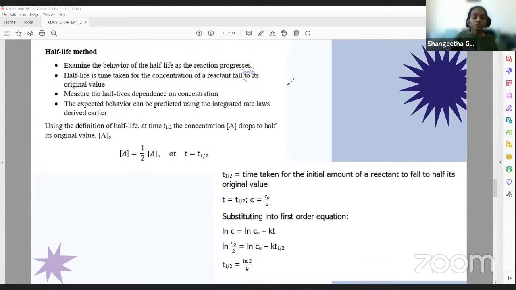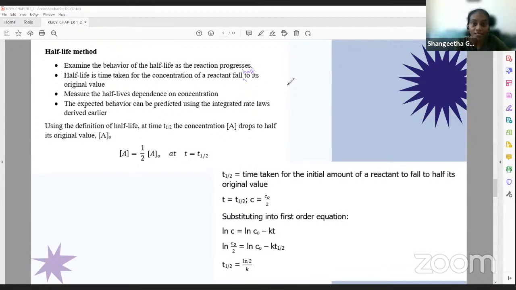So what do you mean by half-life method? Basically you want to examine the behavior of the half-life as the reaction progresses. Let's say you have your initial concentration of your reactant. Half-life is when the initial concentration of your reactant falls to half of its original value.